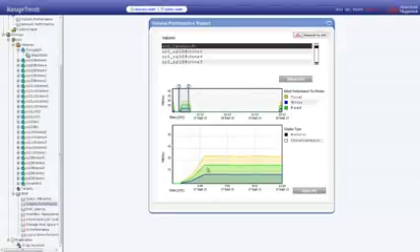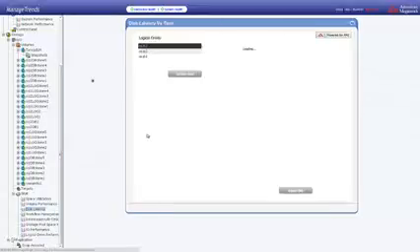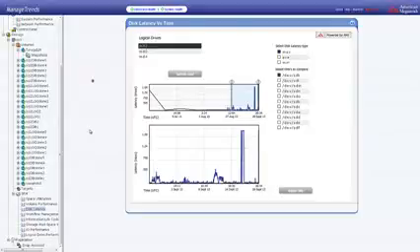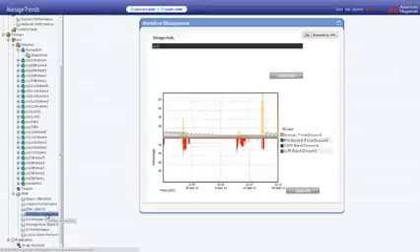Disk latency: we monitor every disk, what the performance is and the response time to any I/O that comes in. We can do that on an array level or on a specific disk level, depending on what the customer wants.